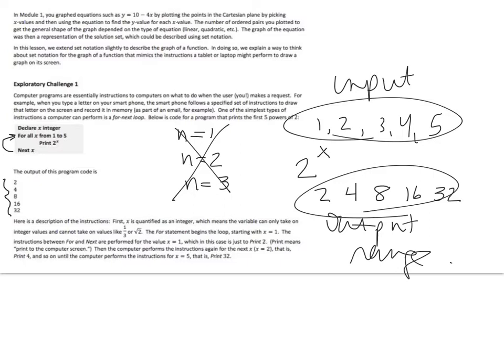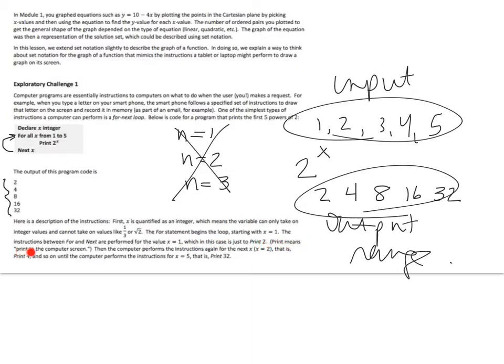Here's a description of the instructions. First, x is quantified as an integer, which means the variable can only take on integer values and cannot take on fractions or irrational numbers. The for statement begins the loop, starting with x equals 1. The instructions between for and next are performed for the value x equals 1, which in this case is just to print 2.